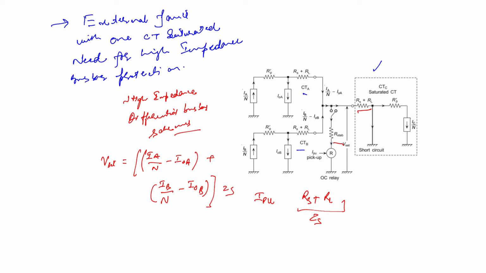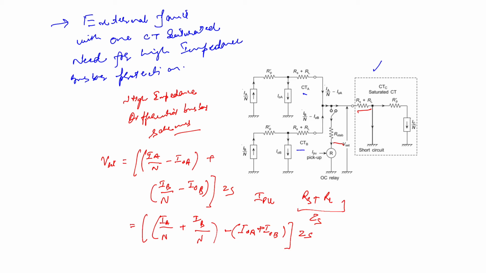After simplification, V set equals (IA/N plus IB/N minus (I0A plus I0B)) into ZS.